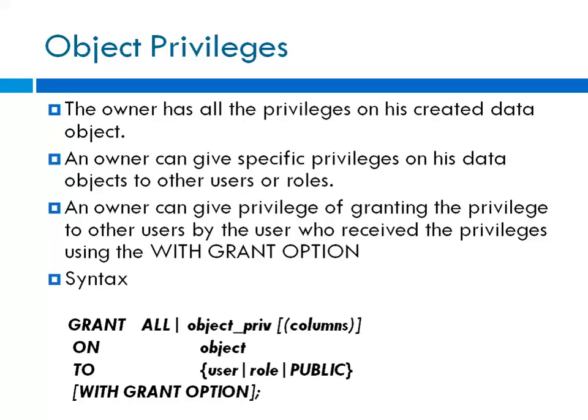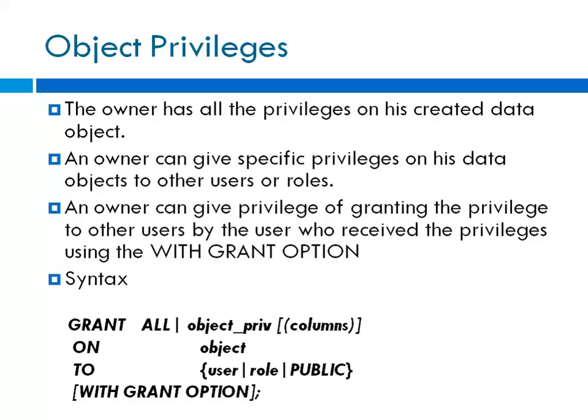So he can give only if I have given him the grant with grant option. If with grant option was not used by me while granting the privileges to Bob, then he cannot give the privileges to the next set of users on my data objects.